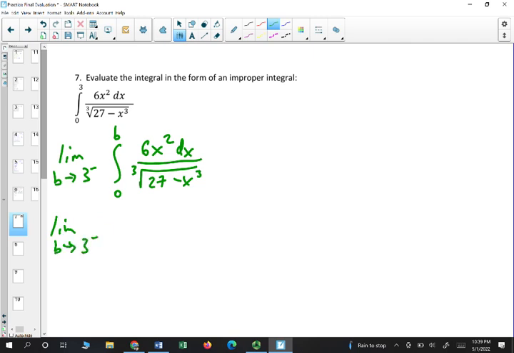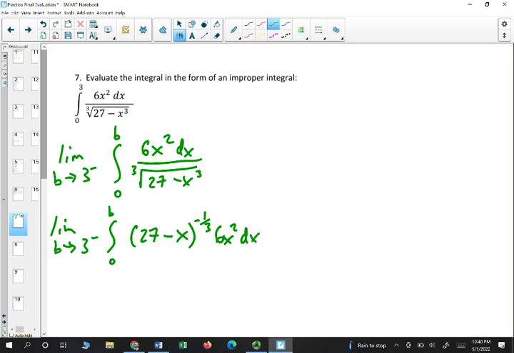Keep in mind that we could rewrite this as an exponent. It will be to the 1/3, but it's in the denominator, so we could bring it to the numerator as a negative 1/3. Okay, so we could have 27 minus x cubed to the negative 1/3 and then we have the 6x squared dx.